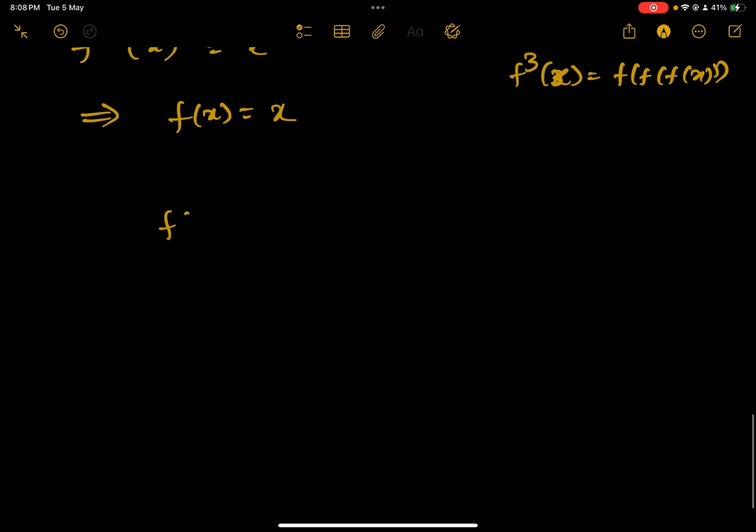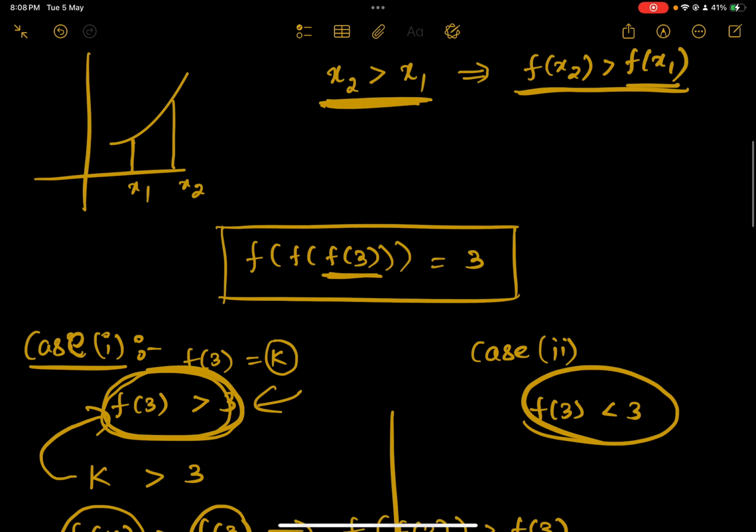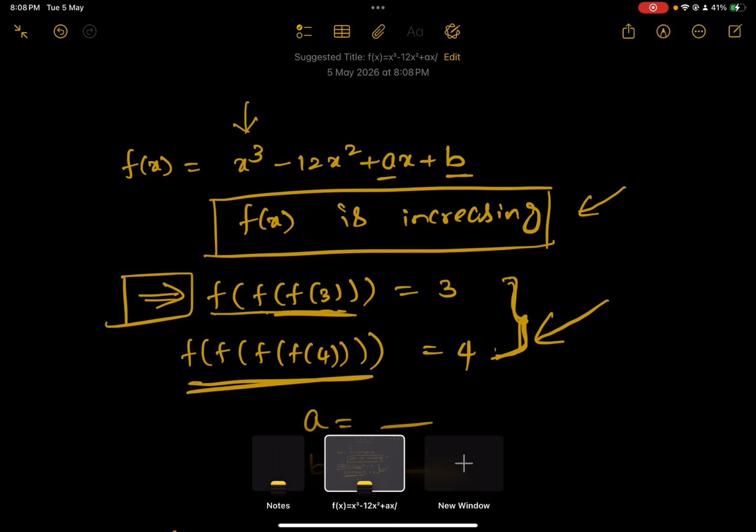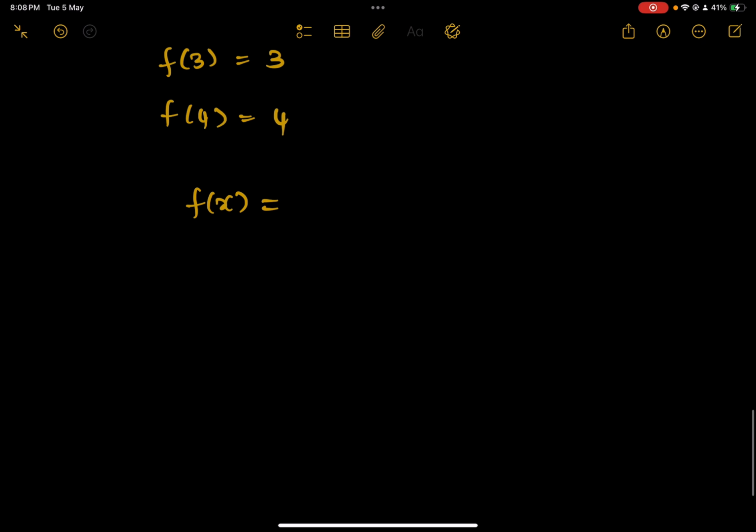So now we know f of 3 is equal to 3 and f of 4 is equal to 4. We already have the polynomial f of x is equal to x cube minus 12x square plus ax plus b. Now put x is equal to 3.